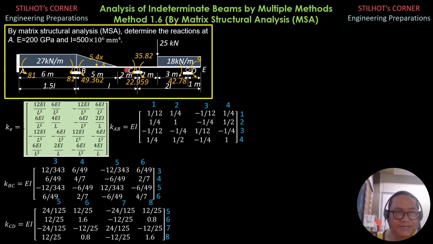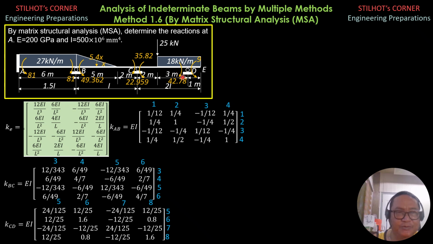So considering B, C, and D, we have the net moment at B, node 4, 81 minus 49.362. Then the nodal load at C is 22.959 minus 35.82, which is theta C or U6.